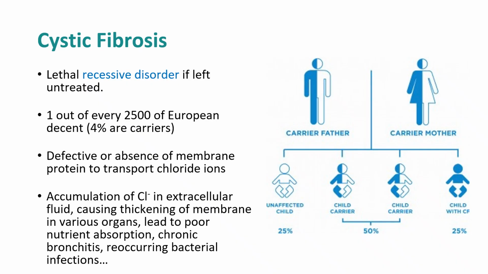Another example of a recessively inherited disorder in humans is cystic fibrosis, and this is a lethal disorder if it's left untreated. The condition is caused by the absence of a membrane protein that transports chloride ions. This results in thickening of the mucous membrane in various organs, which can block nutrient absorption.